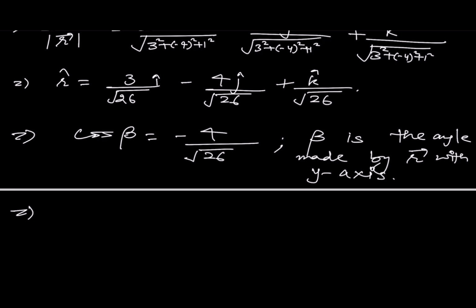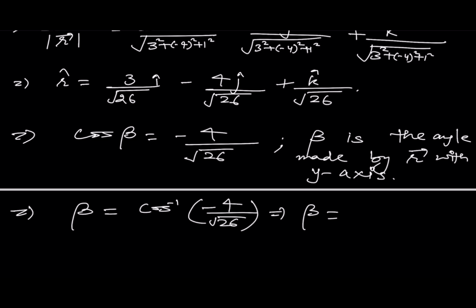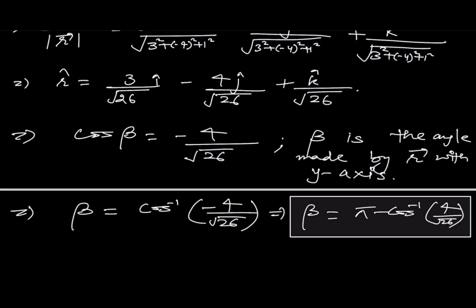Or beta is equal to cos inverse of minus 4 upon root over 26, or you can say beta is equal to pi minus cos inverse 4 by root over 26, right?